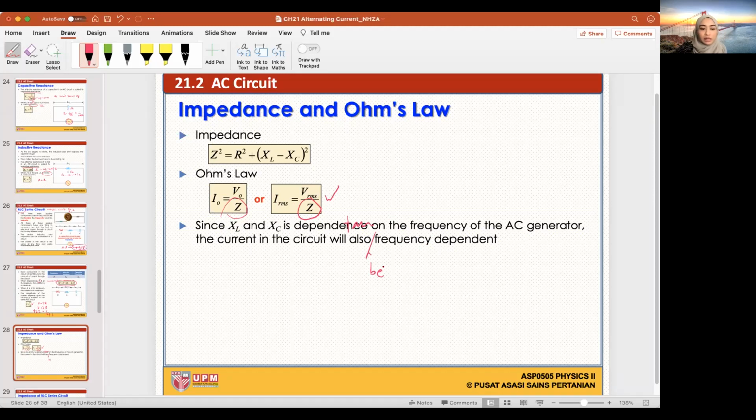XL is omega L, which is 2 pi f L. XC is 1 over omega C, or 1 over 2 pi f C. So if we have inductors and capacitors in an AC circuit, it will depend on the frequency because we have the term f in our equation. A circuit at 10 Hertz will be different compared to a circuit at 20 Hertz. The values will change. It depends on the frequency.